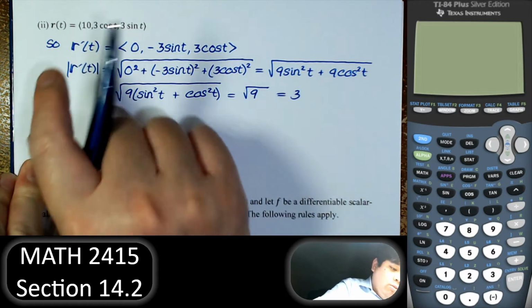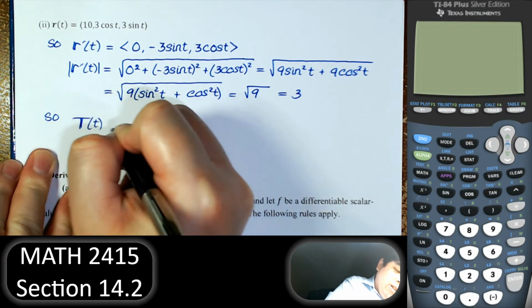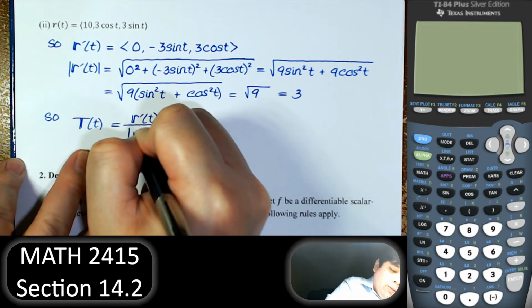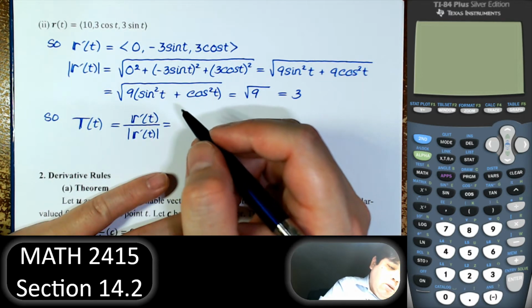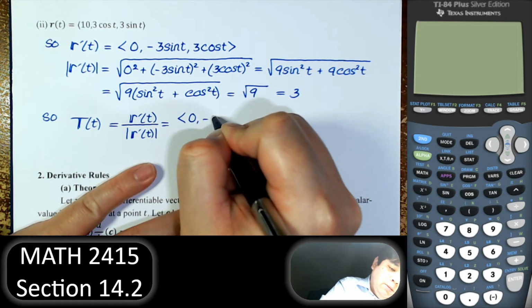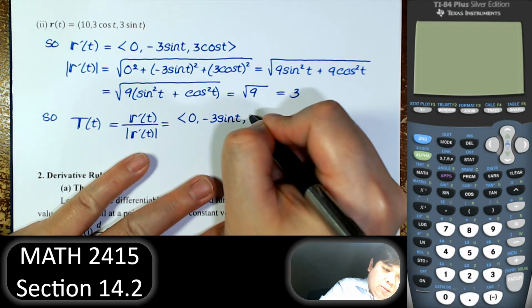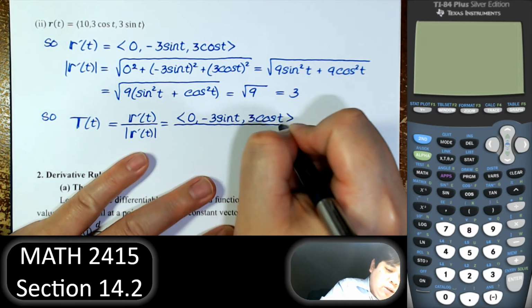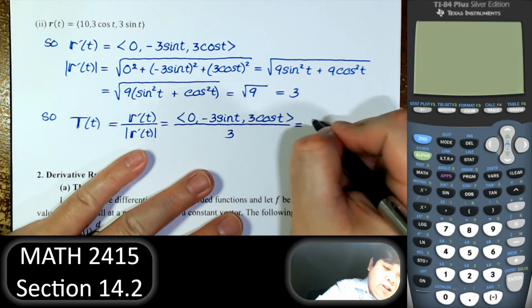Anyway, so the derivative over the magnitude is the unit tangent vector. We divide all of that: 0 divided by 3 is 0.